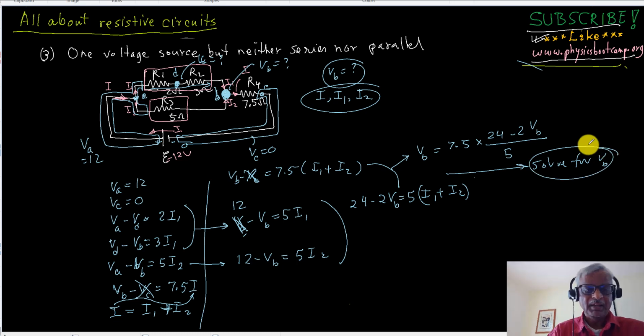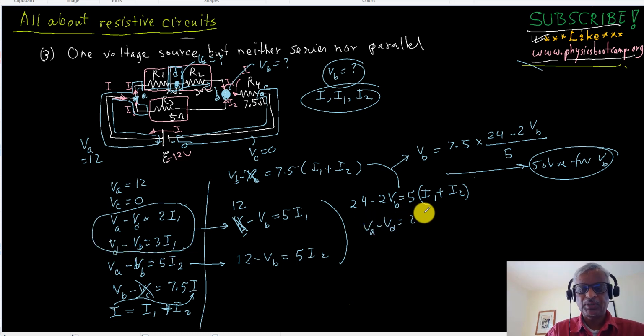Now once I solve for VB, that means I already found what's over here. So how do I get VD? It's very easy to get VD now, right? Because if you look at this, you have VA minus VD is 2I1, so divide by 2 over here, and you have this is 12.